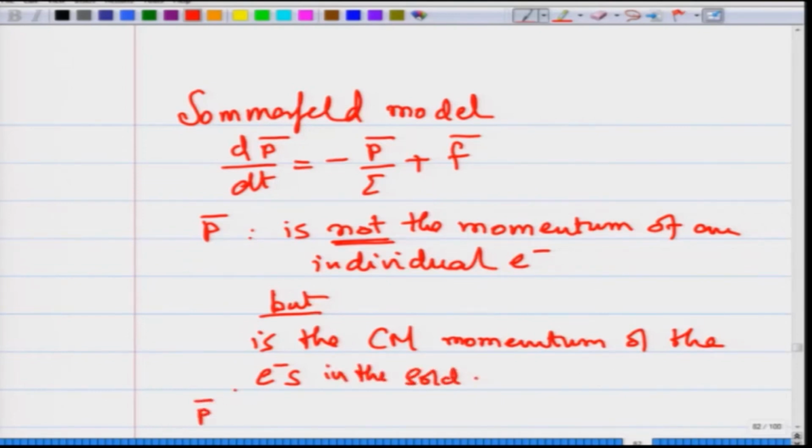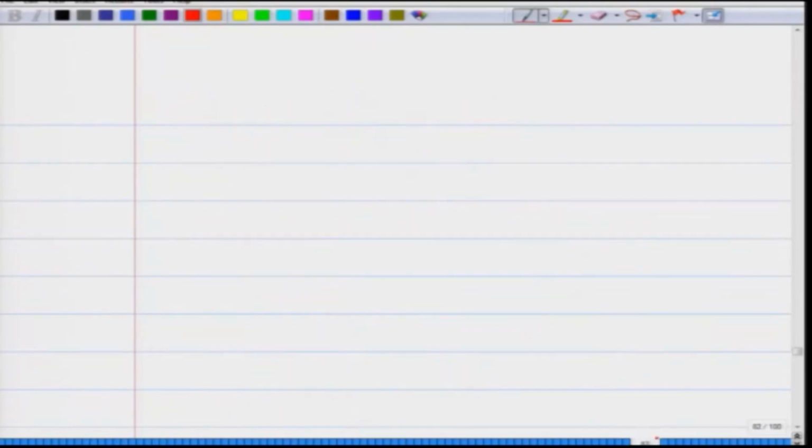So, this P in this equation should actually correspond to the center of mass momentum of the electrons in this solid.